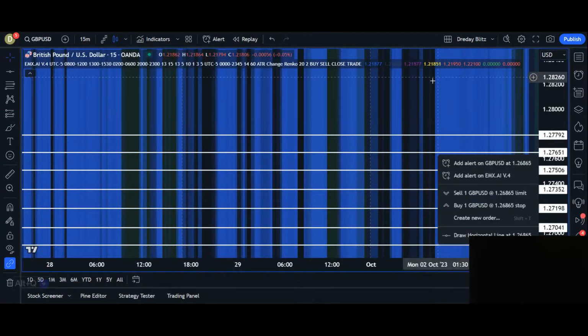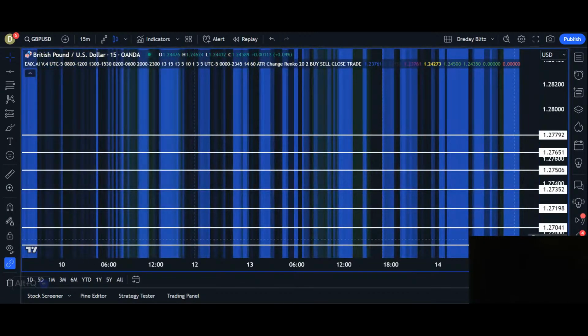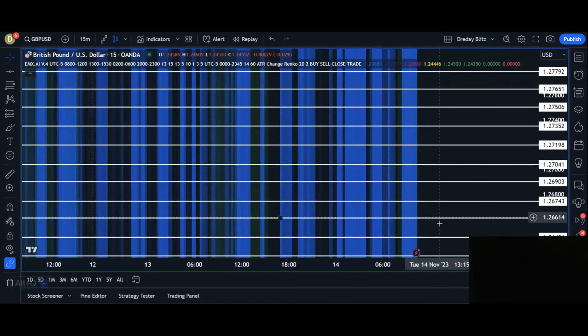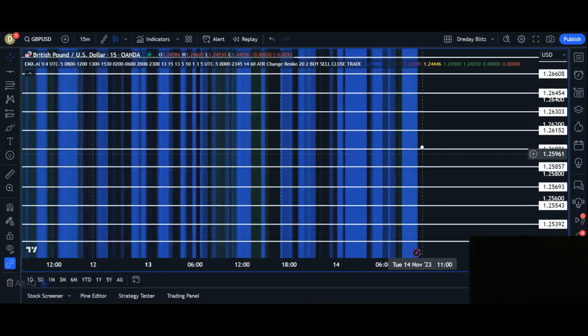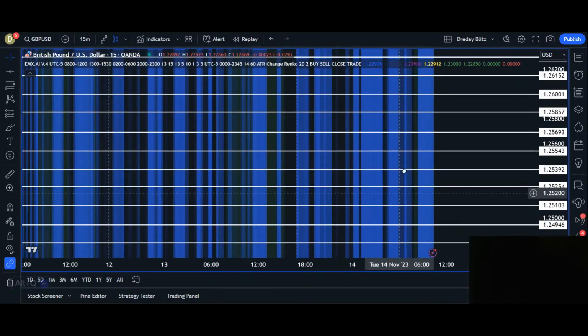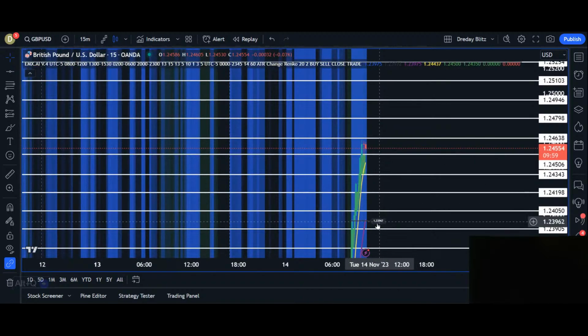So let's go back on the current market. So now we have all of our future zones that price should go.